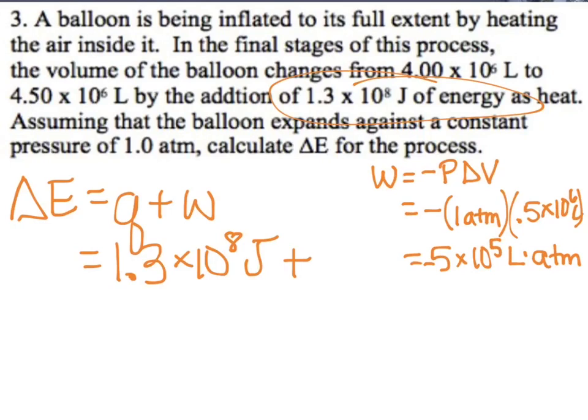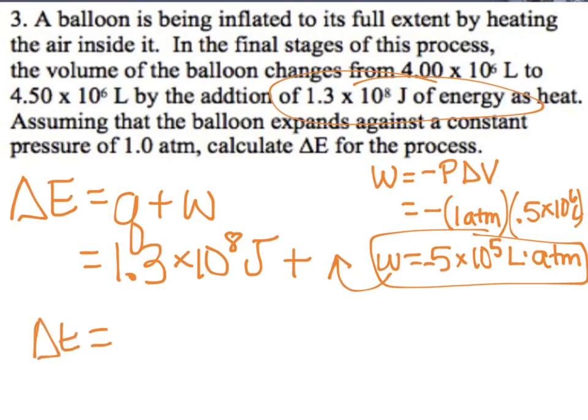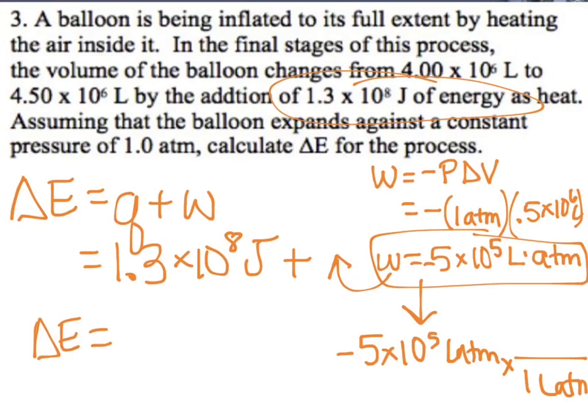All right, so this is W, right? So now I take W and I plug it into delta E. So put that equation in there and tell me what is the answer for delta E. Don't we have to convert the... Oh, yeah, we do have to convert. So now we have negative 5 times 10 to the 5th latums. And for every 1 latum, there are 101.3 joules.